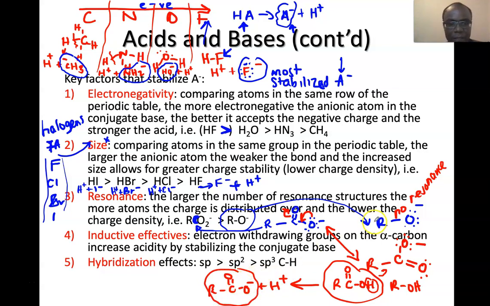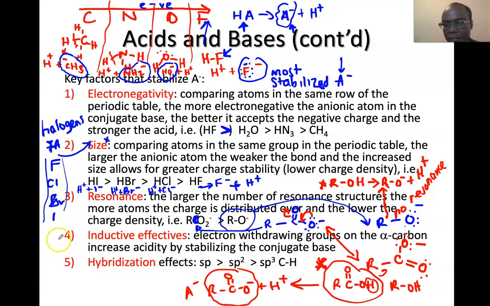It's resonance stabilized. Whenever you have a parent molecule like this, which is an alcohol, if this has to dissociate at all, you're going to get what we call an alkoxide, and you're going to get a H plus. So there's no resonance stabilization here. So in other words, this parent acid is stronger than this alcohol, because this parent acid forms a conjugate anion, A minus, which is resonance stabilized.